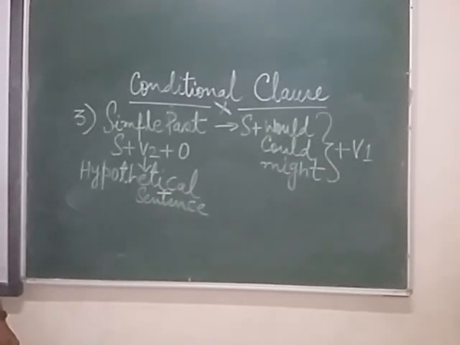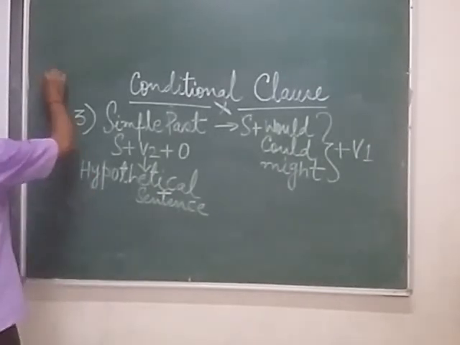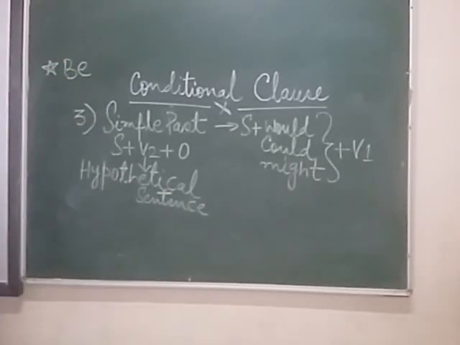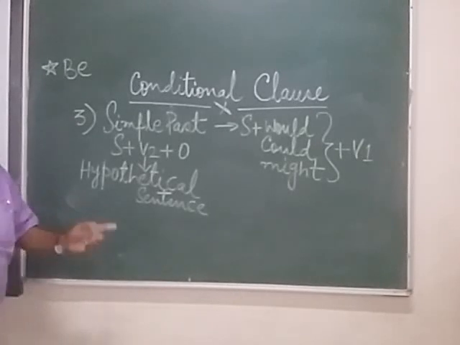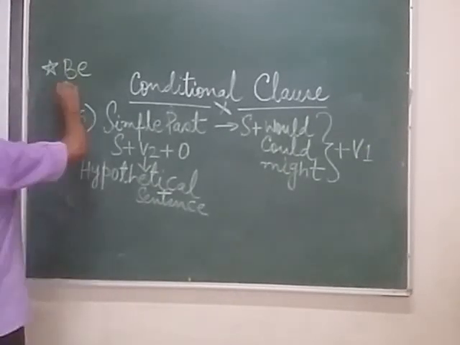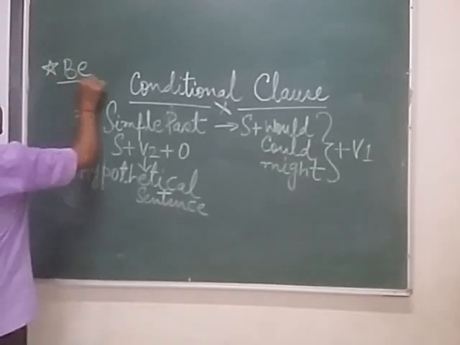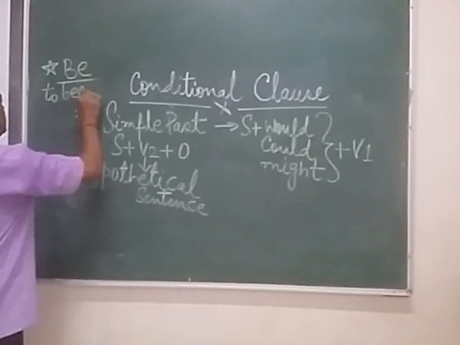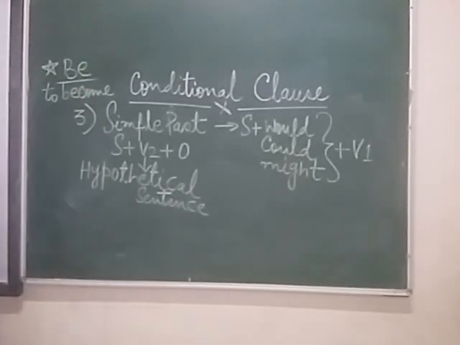If you want to use the word be as the verb, so be, its meaning is to become. Be means to become.